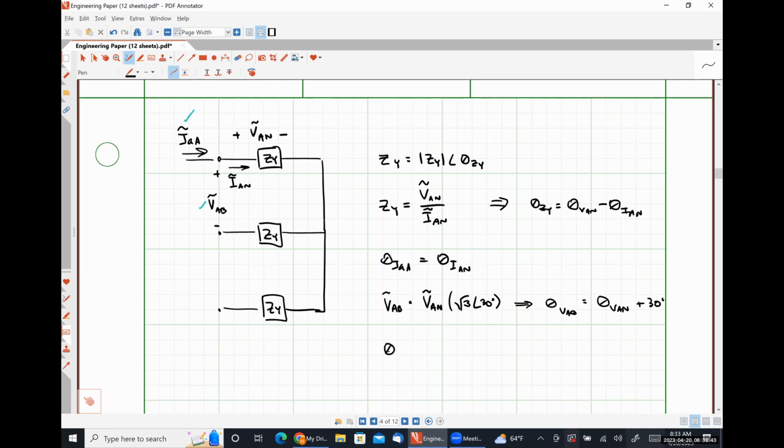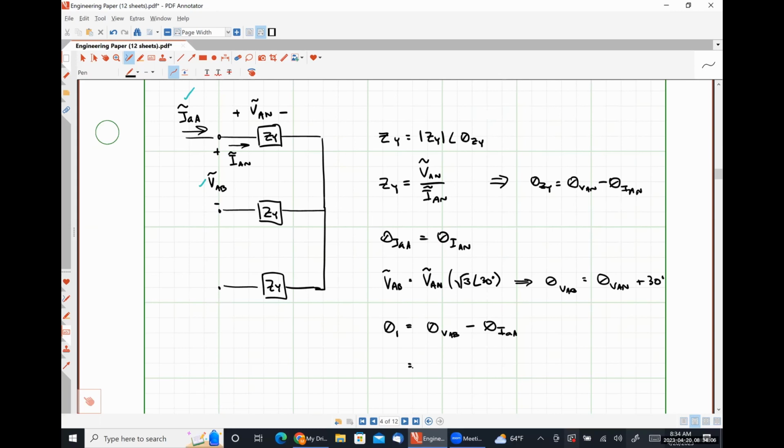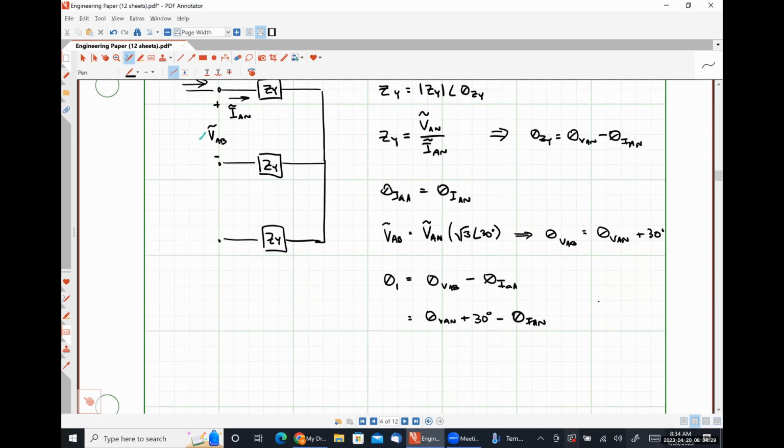So if theta 1 were equal to the angle of VAB minus the angle of IAA, that's going to look like the angle of VAN plus 30 degrees minus the angle, excuse me, the angle of IAN, or simply the angle of ZY plus 30 degrees.